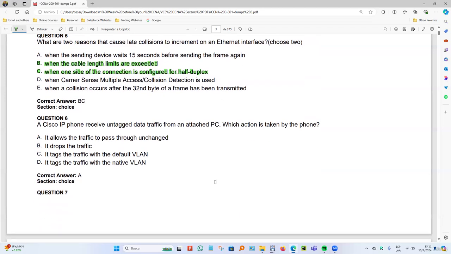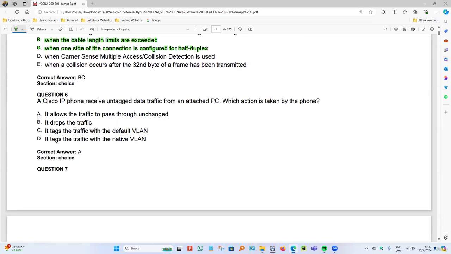A Cisco IP phone receives untagged data traffic from an attached PC. Which action is taken by the phone? I thought it was C, but it looks like it's A, so I'm mistaken here. Let's see why. It allows the traffic to pass through unchanged. Basically, we are working with voice traffic.